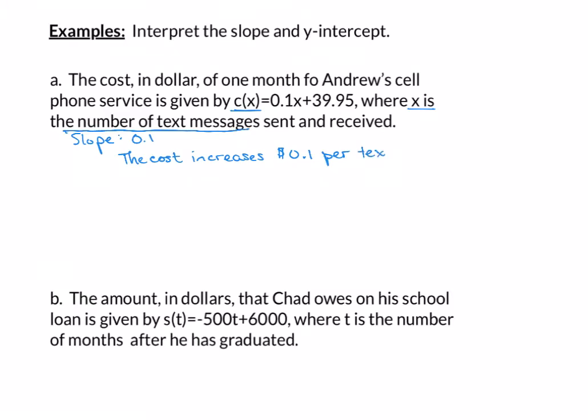So per text message. So notice here that what do we have? Remember I said you need to state whether it's increasing or decreasing. We know our slope is 0.1. We also need 2 units. So I have my dollars and I have my per text message. This is considered a complete problem.